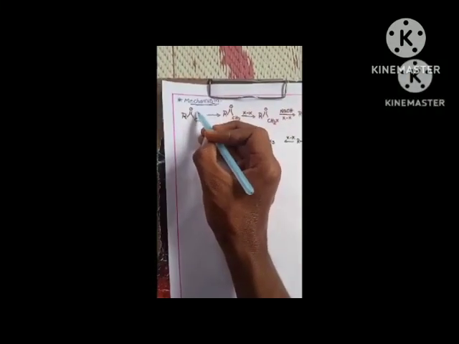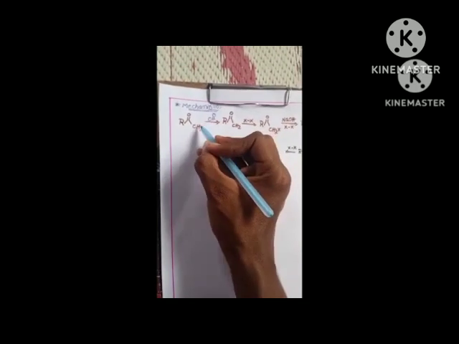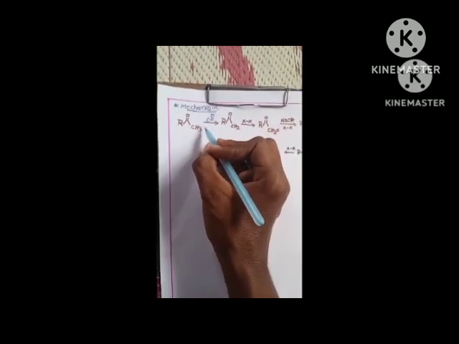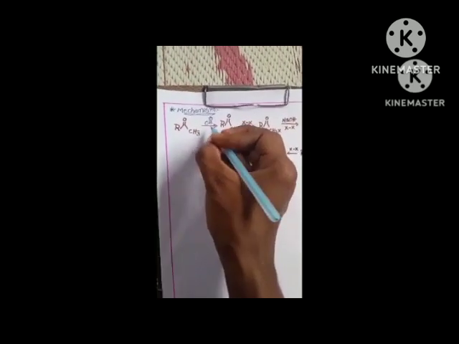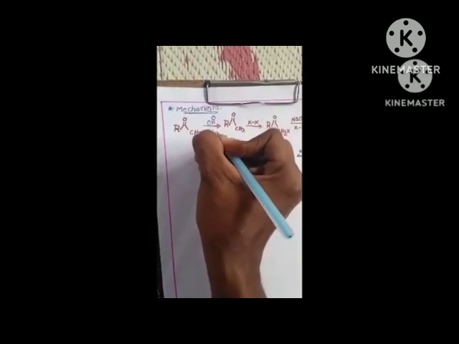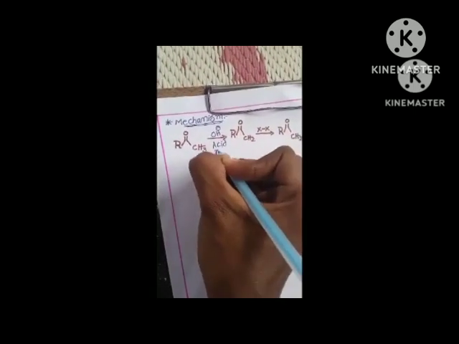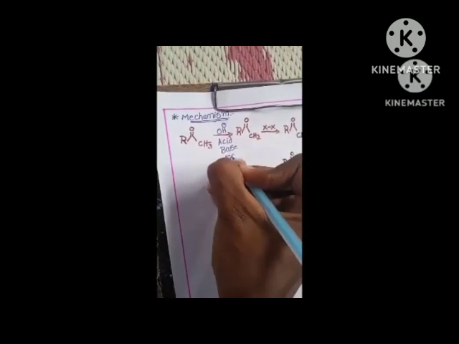Mechanism of this reaction. First of all, sodium hydroxide gives hydroxide ions. This is the rate determining step. This is an acid-base reaction.